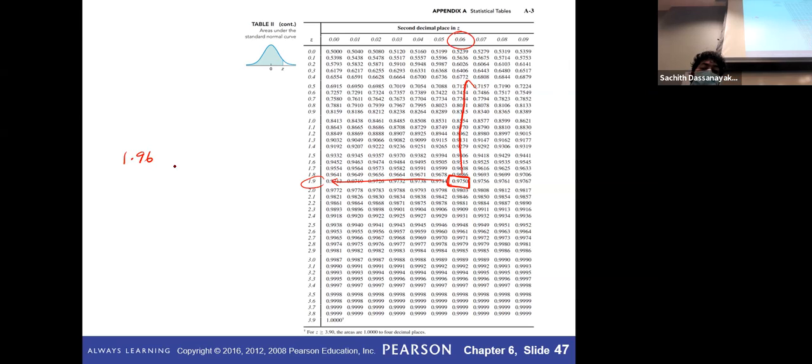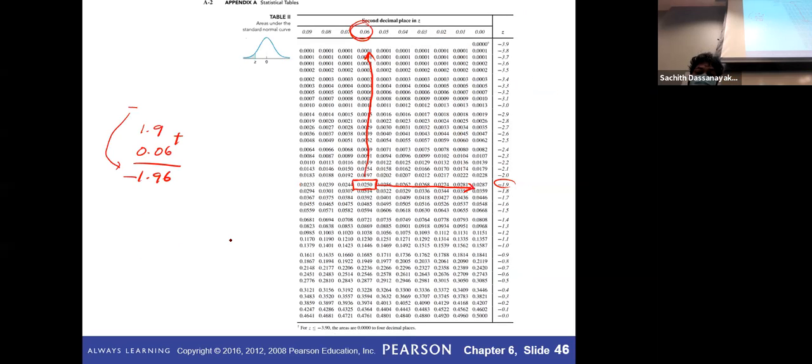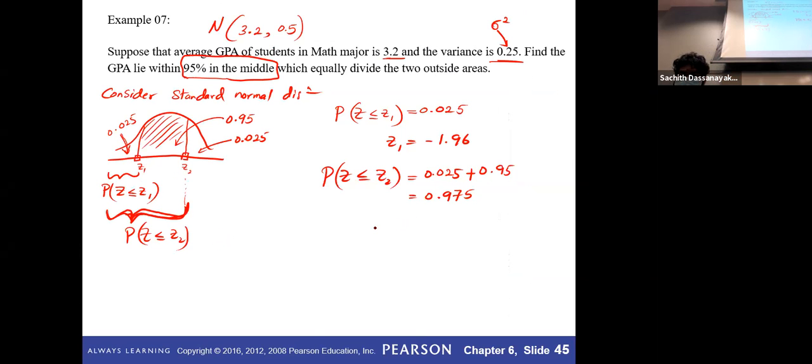Clear? Which means 1.9 plus 0.06. So why I told you we don't need it? This means C2 is 1.96. See, this one is negative, this one is positive.